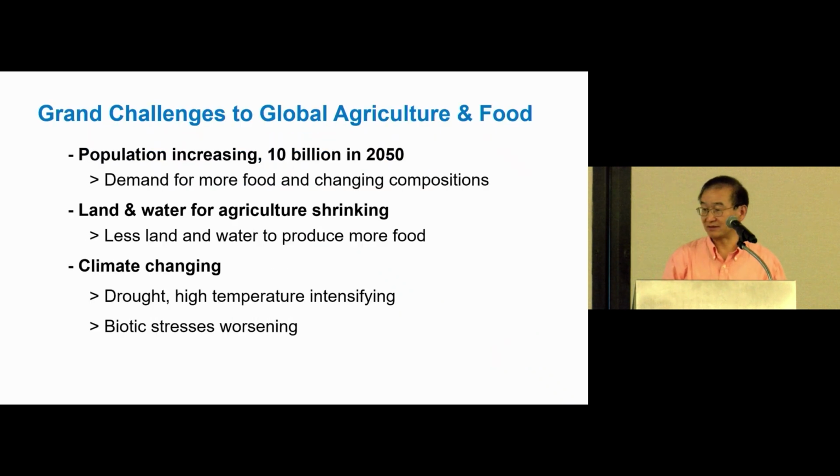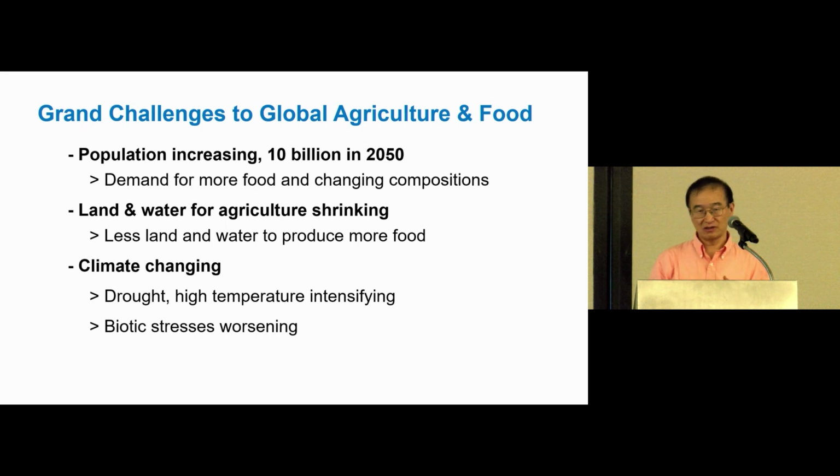There are lots of challenges, but the grand challenges are focused on, one, the population increasing, which means we, including ourselves, need more food, and also the dietary composition is changing, needing more of some special foods. And second, farmable land is shrinking, and there is also extreme climate change, all of which pose challenges to us.